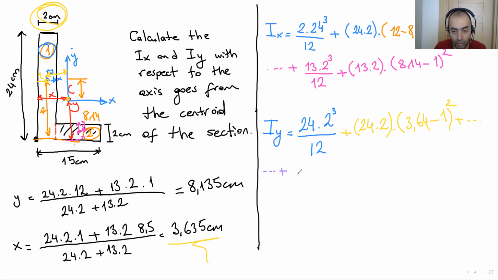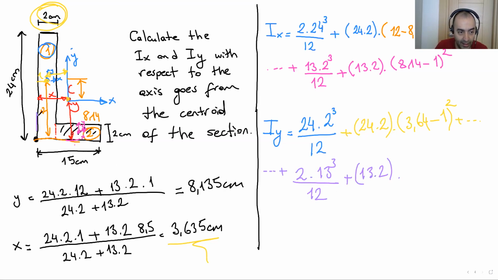The parallel edge is 2 times perpendicular one is 13, right? 13 cube over 12, plus. Now we are on this y-axis and we are going to shift it to the global one. What we need is the distance between the two y-axes. By the way, let's write the area first. This is the area times distance. Okay.